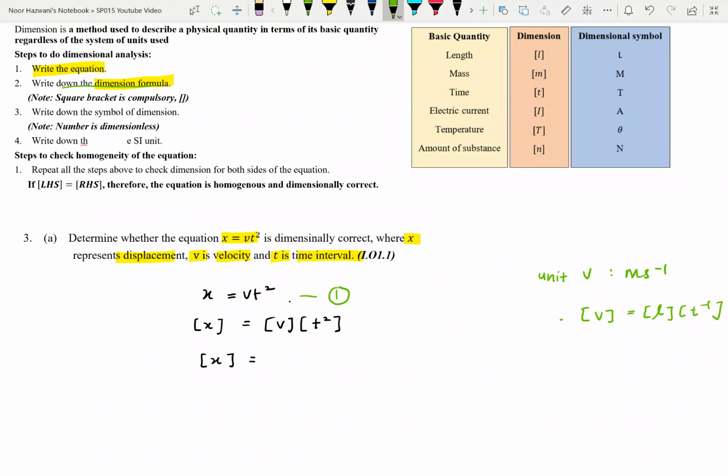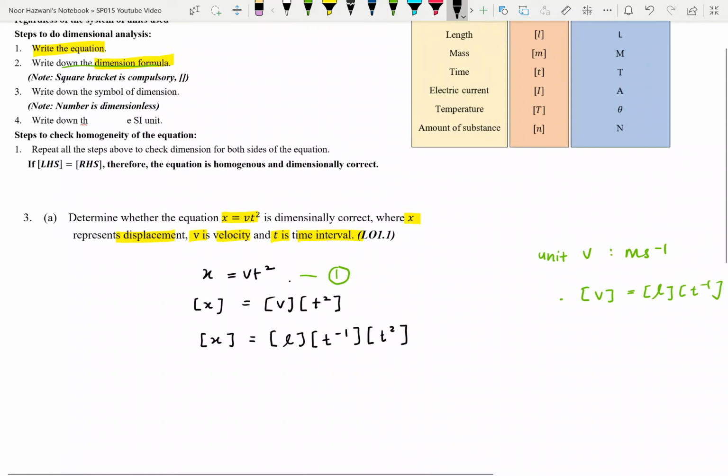Then copy back into the solution: L t^-1 then t squared. Then you can simplify, or you can directly proceed to step number 3.